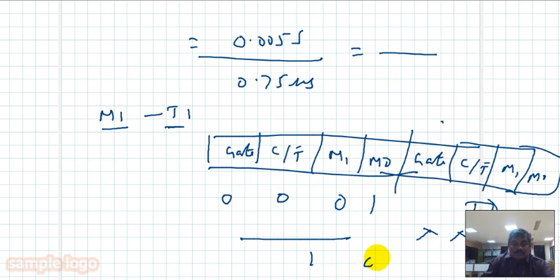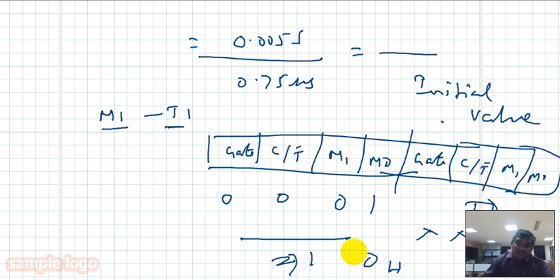So this time it will be 10H, and the program remains the same. You calculate the initial value, which will be different, and the TMOD value will be different. Instead of using TL0 and TH0, use TL1 and TH1, and the remaining is all the same. So you complete this task, and we'll discuss it in the next class.